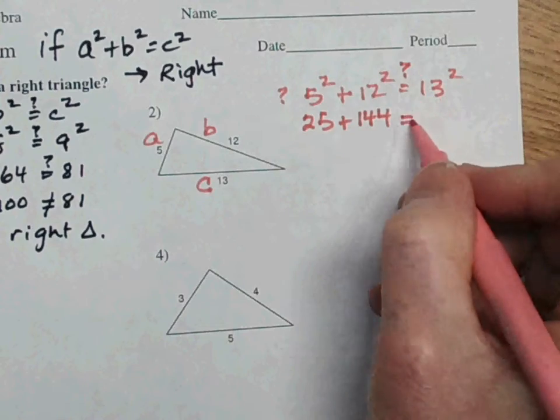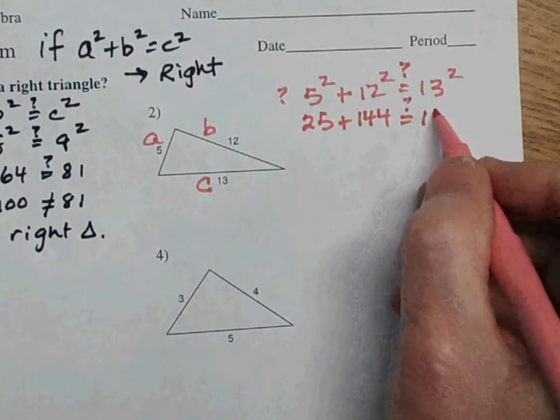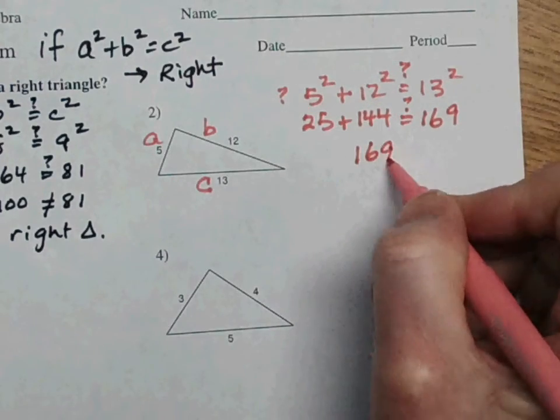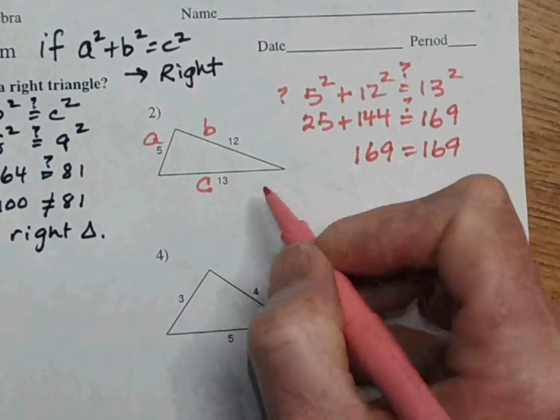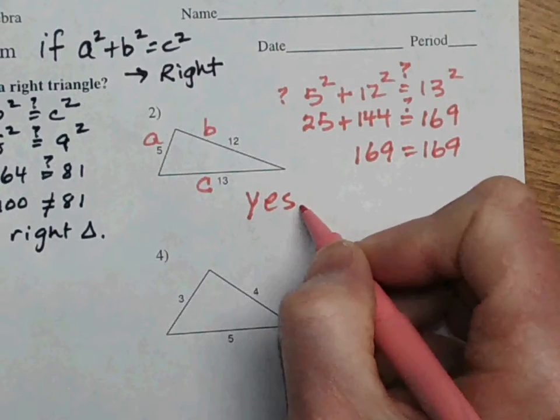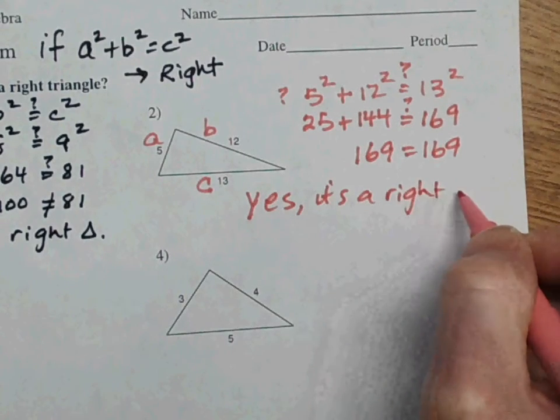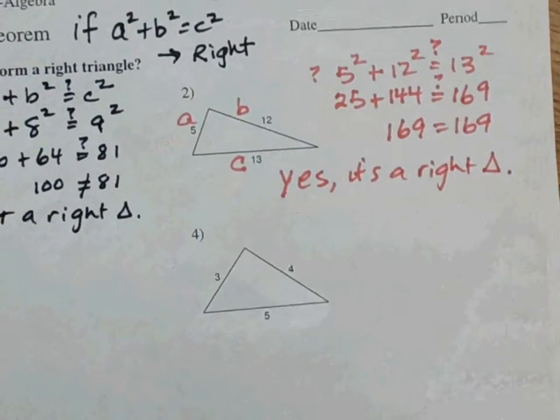Does that equal 13 squared or 169? 25 and 144 is 169. So yes, it's a right triangle, because A squared plus B squared equals C squared.